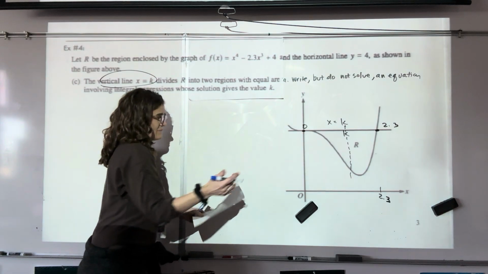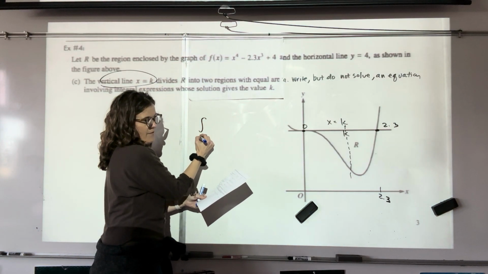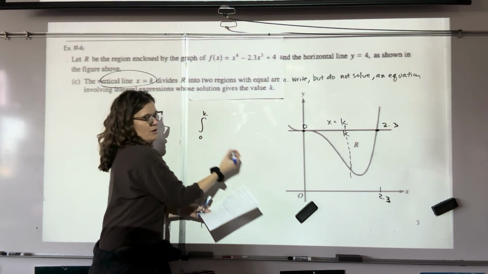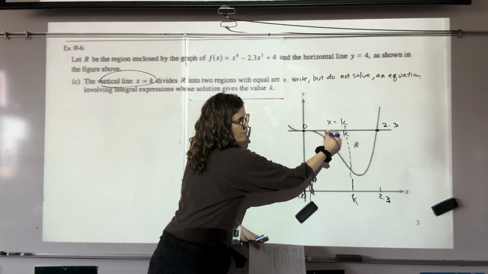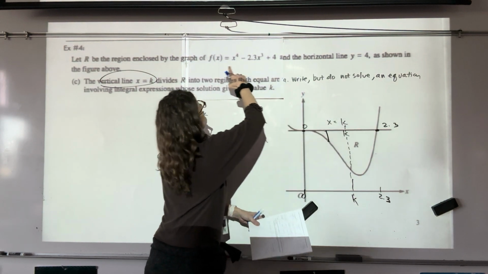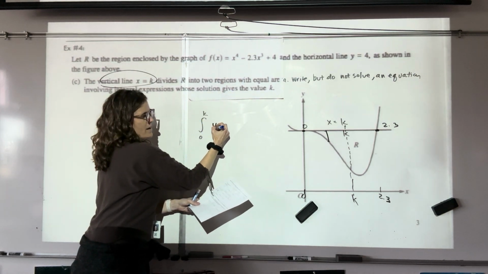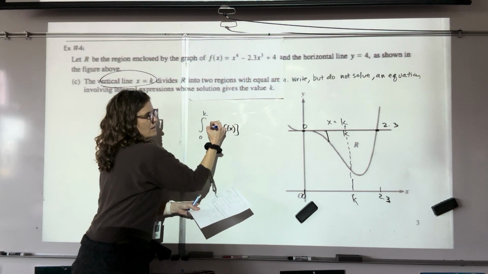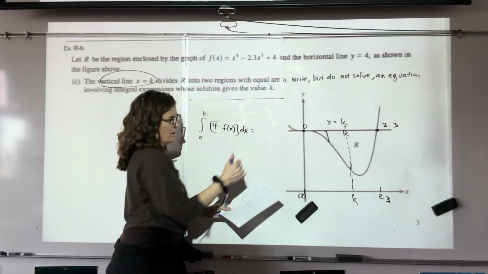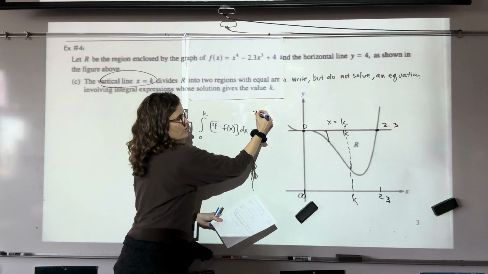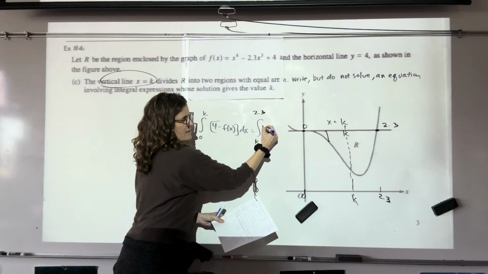And so the area, if I went from 0 to k, of 4 minus f of x dx, that would be exactly equal to the other side of the area, the integral from k to 2.3 of 4 minus f of x.